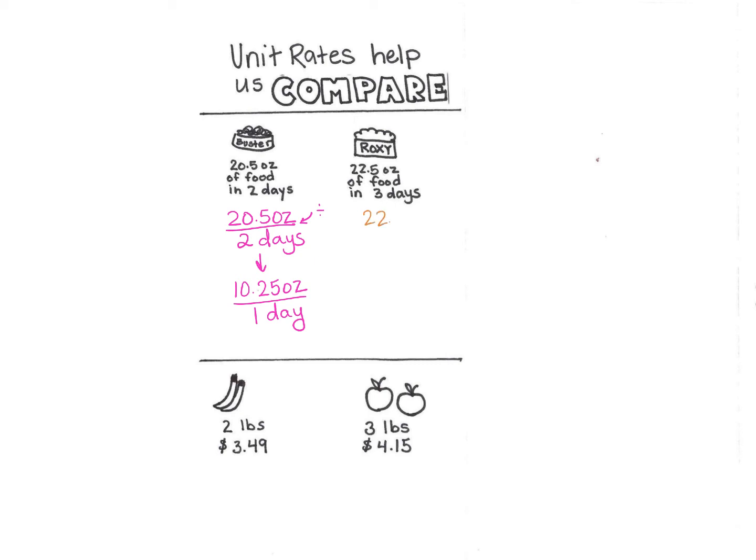Roxy over here, 22.5 ounces per 3 days. And we know from fractions that we can divide this out in my calculator, and I get 7.5 ounces per day. So Buster here eats more per day.